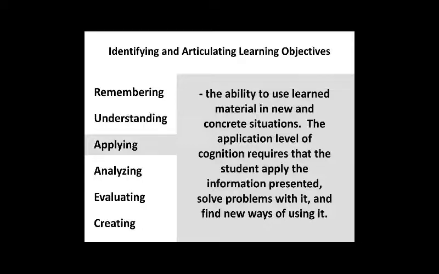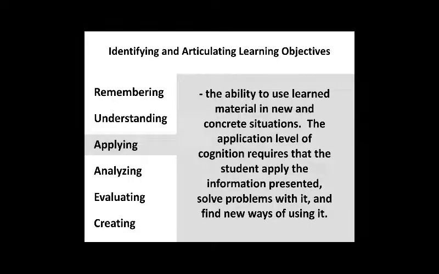Applying, what is this? Remembering is recall of information. Understanding is seeing meaning. Applying, as you can see here, is the ability to use learned material in new and concrete situations.